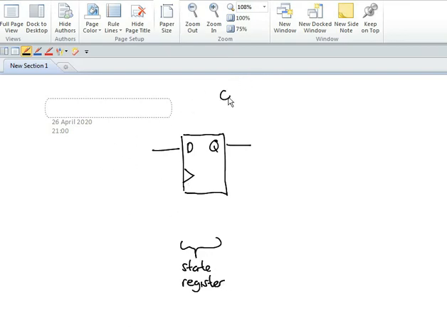Note, our equations are Q plus equals L and P equals Q bar L. Since Q plus is equal to L, I can straight away put an L here.